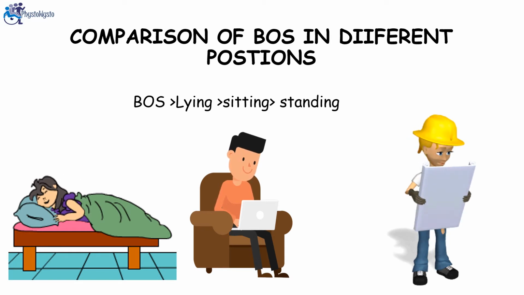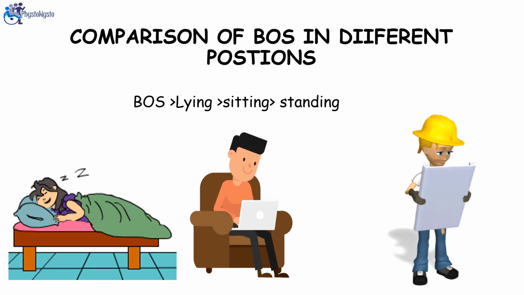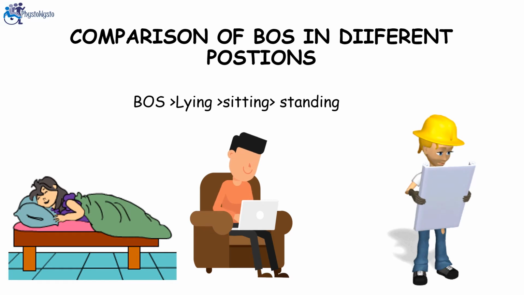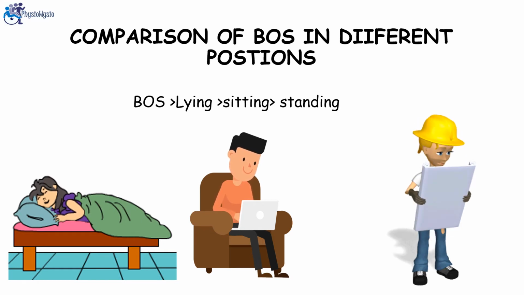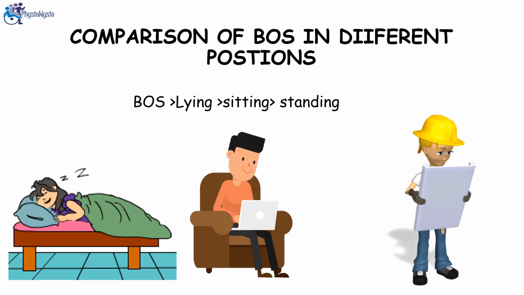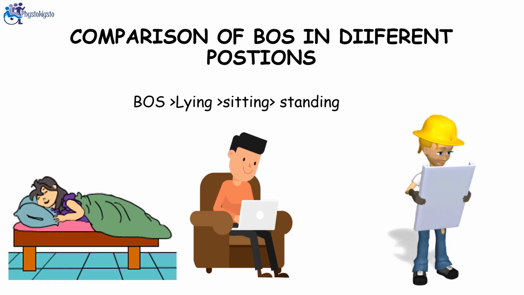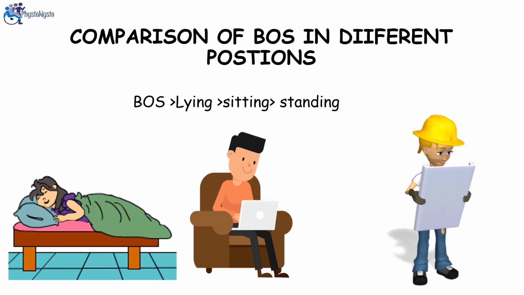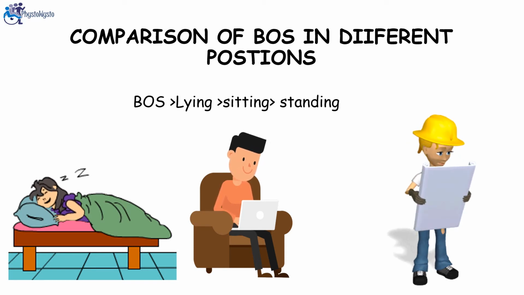Now, if you observe the line of gravity, you will find it high again in standing position as compared to sitting and lying position. But if you observe base of support, it's least in standing position, so we can conclude that the body is more stable in lying position as compared to sitting and standing.